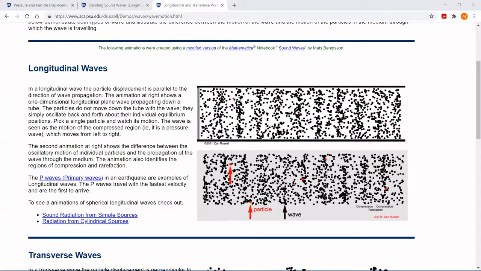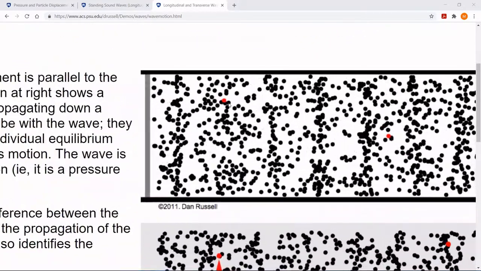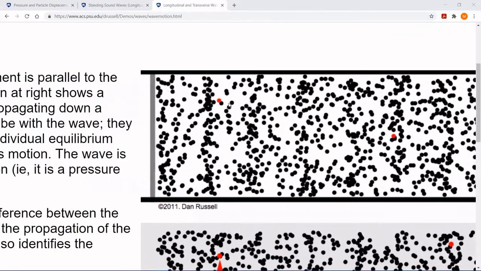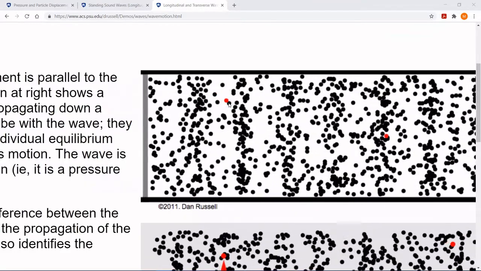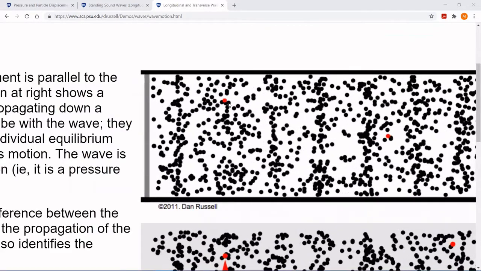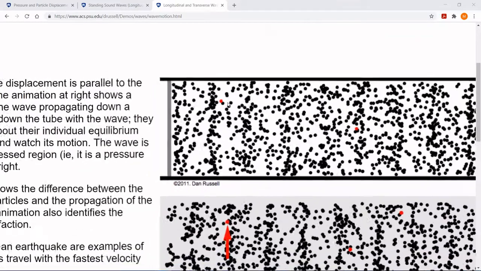And again, if you focus your attention on the particle that's been highlighted in red, that makes it very clear that it's really just wiggling back and forth about its equilibrium position. So at any point in time, it has a displacement to the right or to the left. That axis of displacement is parallel to the direction that the energy flows, hence the name longitudinal wave.